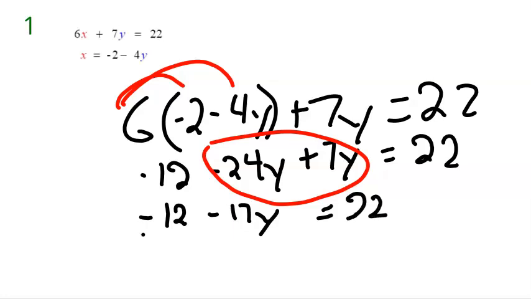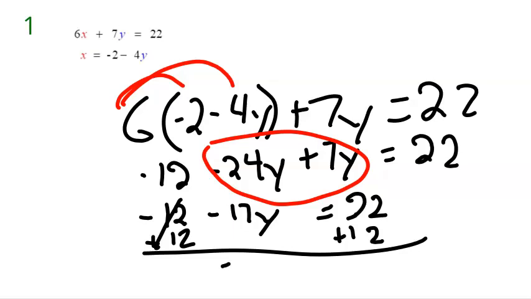They've subtracted 12, so we're going to add 12 to both sides of this equation. We'll add 12 on this side. We'll add 12 to that. And that will give us negative 17y is equal to 34.